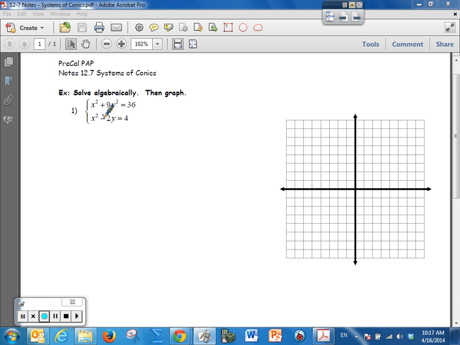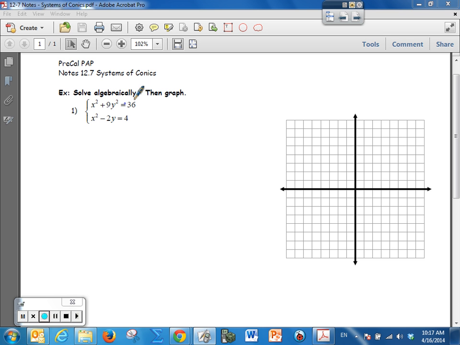Sometimes, and I don't actually have an example of this type on here, but we do have on our homework, if you do elimination, you get the equation of a line, and then you have to substitute that back in. So some things are a bit different than we have done before with other types of equations. So let's look at what we have going on here.